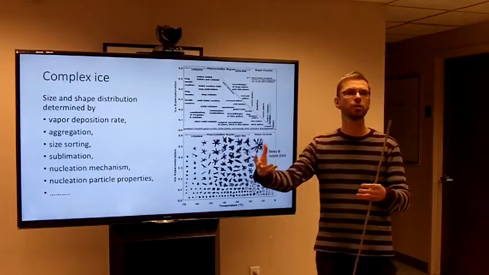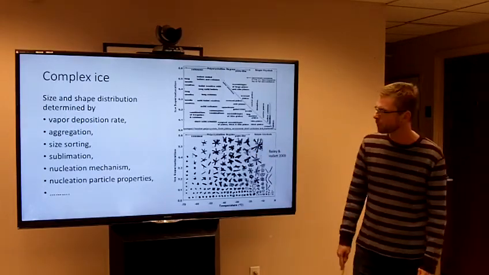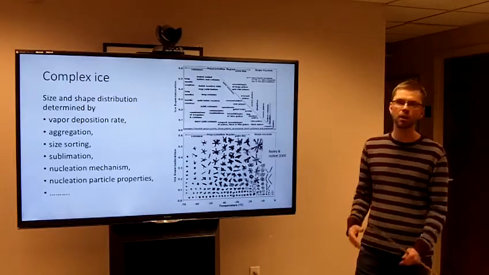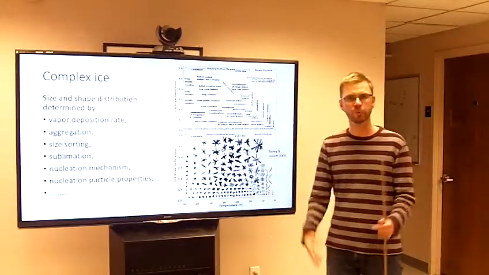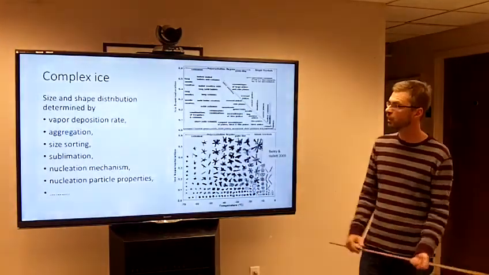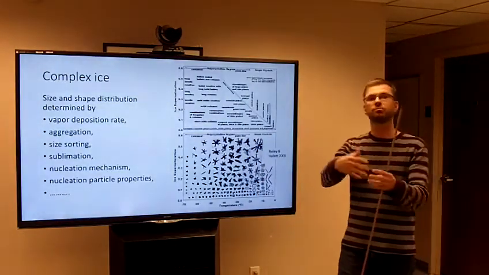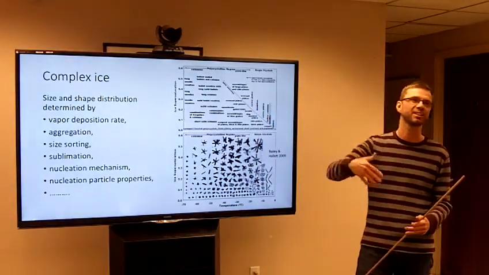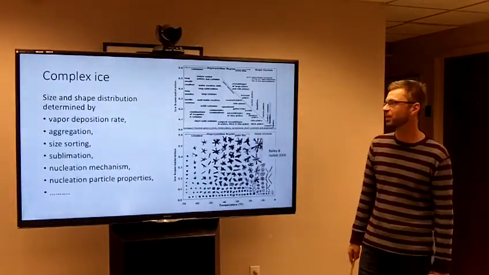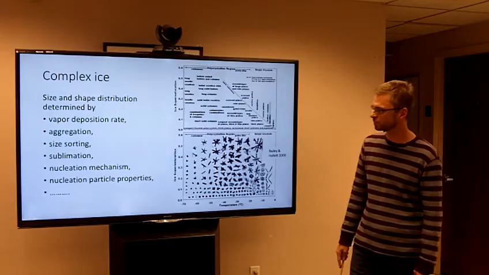So you get size sorting due to those processes. There's sublimation going on when the ice crystals enter pockets where there's subsaturation, and then they can move into pockets where there's supersaturation again. So there are cycles of those processes.